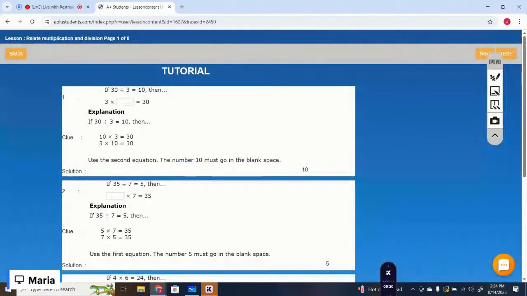If 30 divided by 3 equals 10, then 3 times what number equals 30?